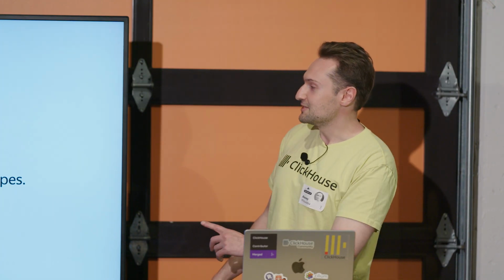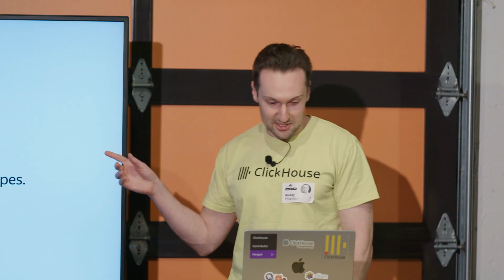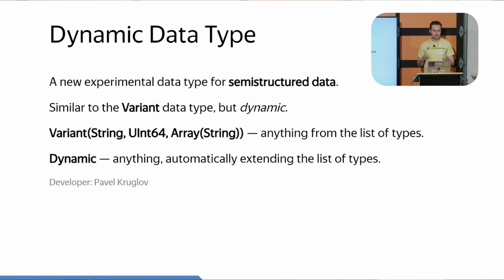But OK, there is one enhancement for this data type, a new dynamic data type. So the dynamic data type works as unrestricted union. The variant data type requires explicit specification of nested data types. The dynamic data type will accept anything. You can insert anything into the value of dynamic data type.